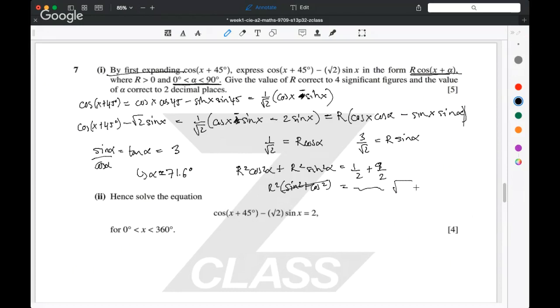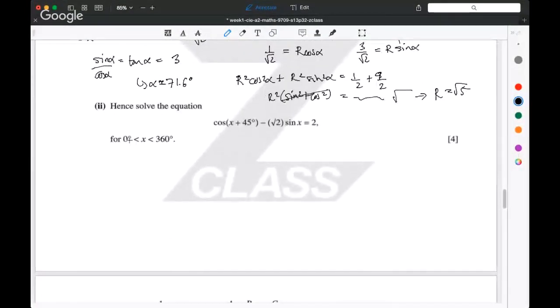Then you just take the square root and you get that r is equal to square root 5. So these are the ways of finding the coefficient out the front: you square them, and then you realize that cosine squared plus sine squared is equal to 1, which is a very important identity that is in the formula booklet.